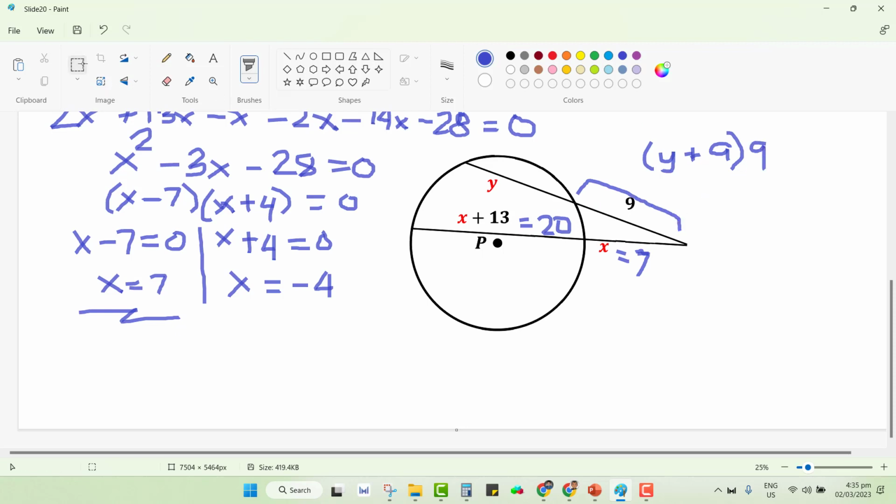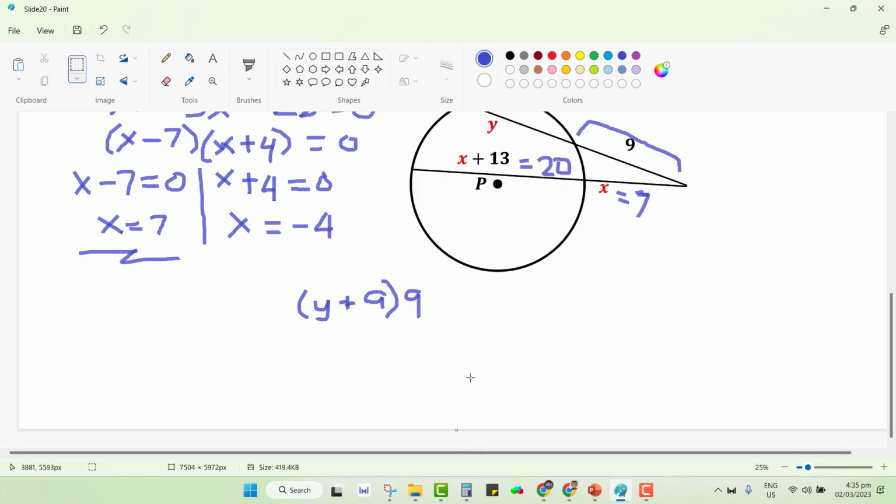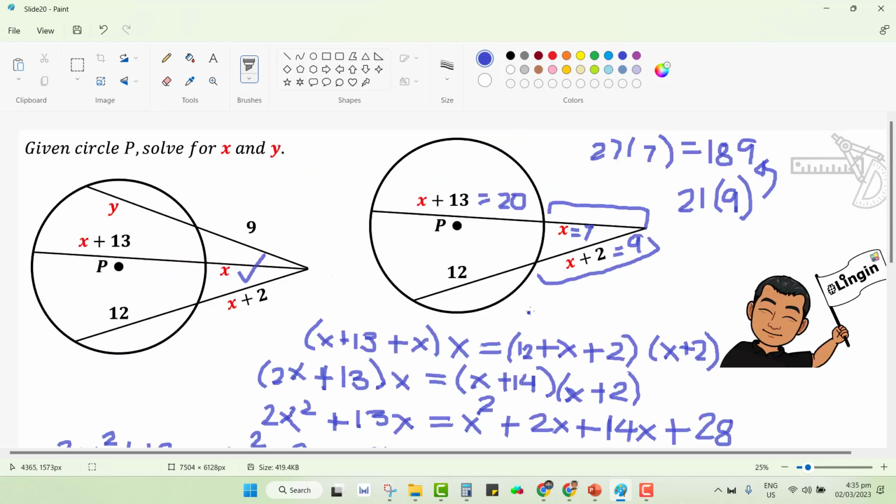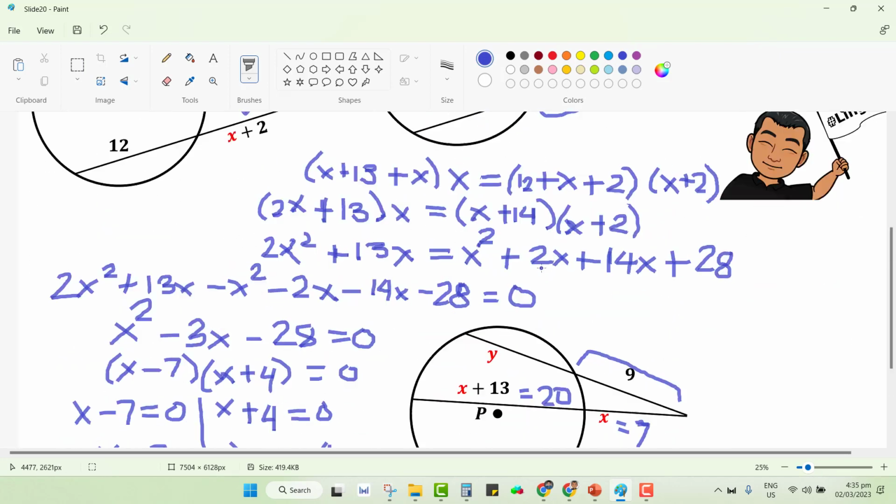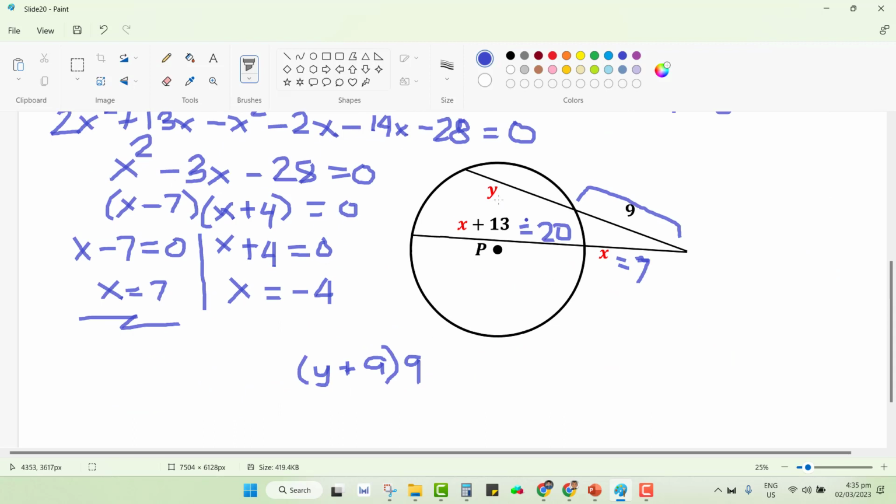Let me move this computation here and extend this. This is a long process since it involves multiple relationships. You have this secant segment, y plus 9 times 9, equal to 27, not just 20, it's the entire secant segment, times 7.